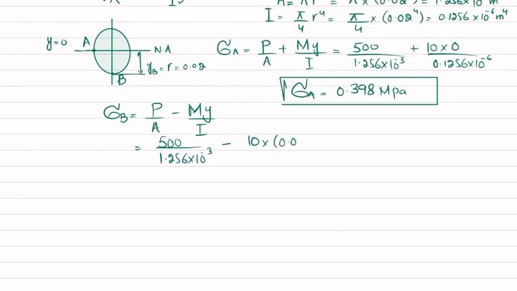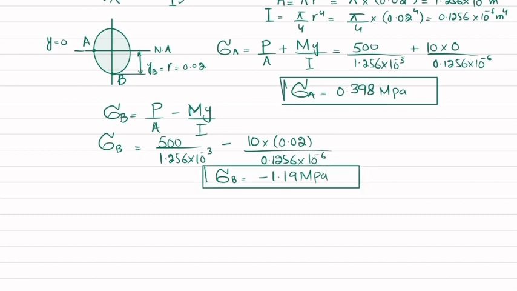So 0.02 divided by I is 0.1256 into 10 to the power minus 6, which will give you sigma B. And when you solve it, you will get sigma B comes out to be minus 1.19 megapascal. So these are stresses at point A and B.